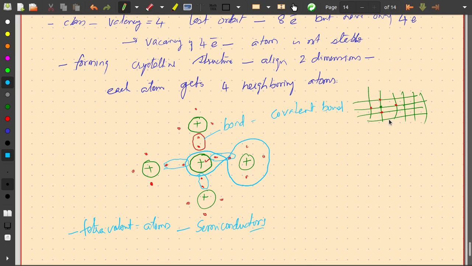So a crystalline structure is formed, and this crystalline structure, when used in a particular way, starts creating wonders. So that's very basic about what a semiconductor is, and how this can be made to create wonders is what we need to look at in our coming lectures.